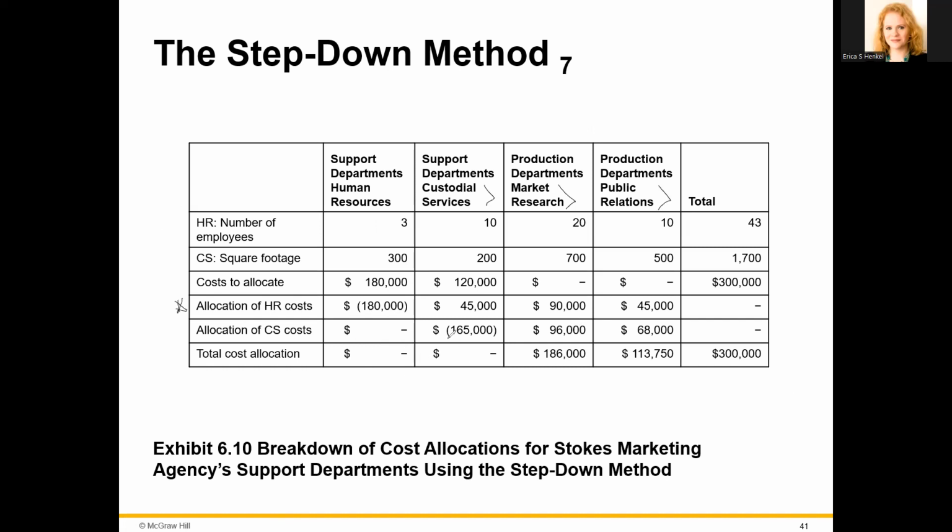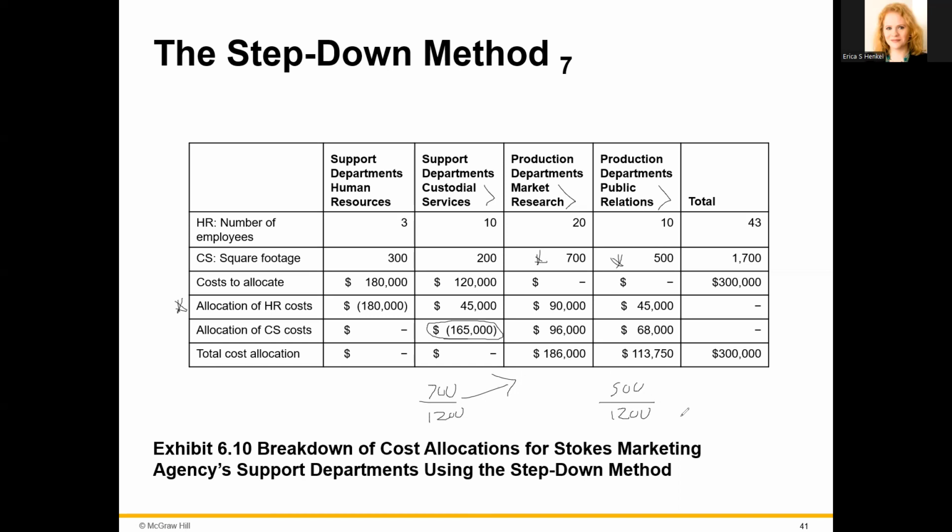And then we've got our $165,000 of custodial services costs that have to get allocated. Now, we had 700 square feet and 500 square feet, a total of 1,200. So we're going to take 700 divided by 1,200, and 500 divided by 1,200.